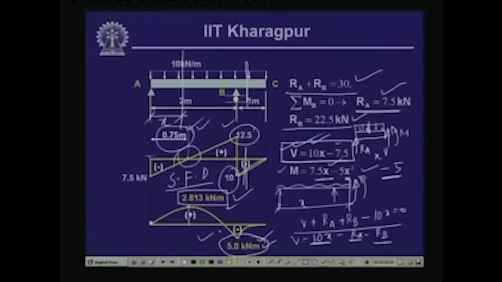So this is the variation of the bending moment and this is the variation of the shear force. Now, if you notice, the bending moment diagram also changes sign from positive to negative. So somewhere within this zone AB, the bending moment is equal to 0. If we'd like to compute that distance, we can compute it from this bending moment expression.